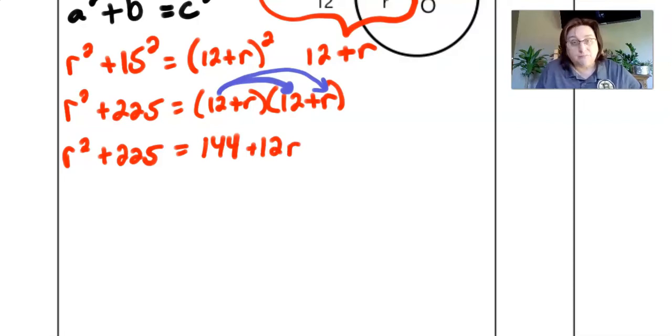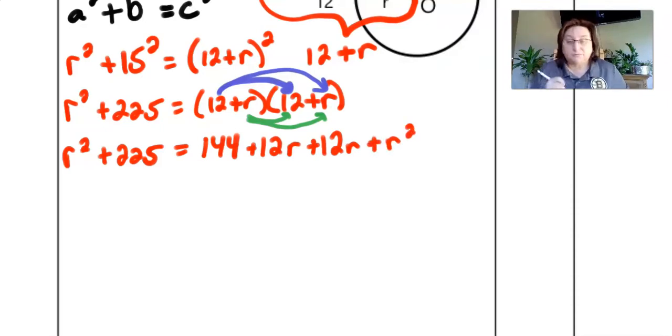Then we're going to multiply the second term. So r times 12. They're both positive, so that's plus 12r. And then we multiply r times r. R times r is r squared, and they're both positive, so we do plus r squared. Okay, we're practicing that algebra.